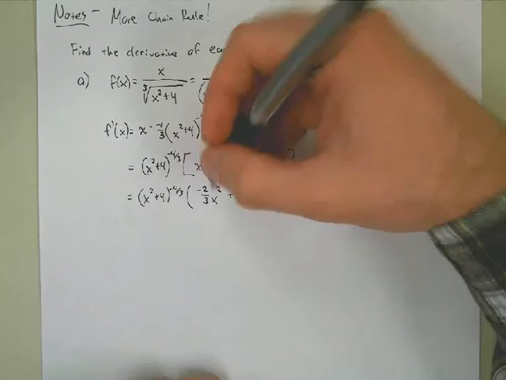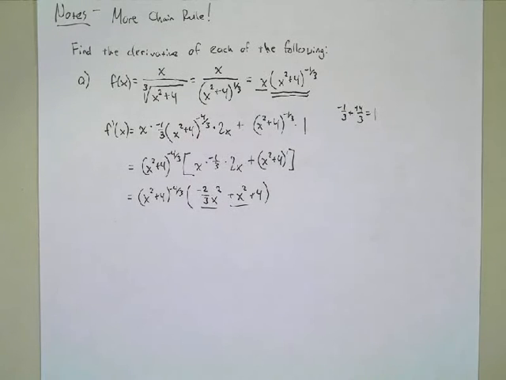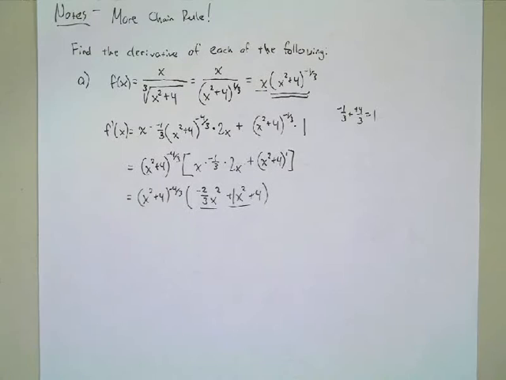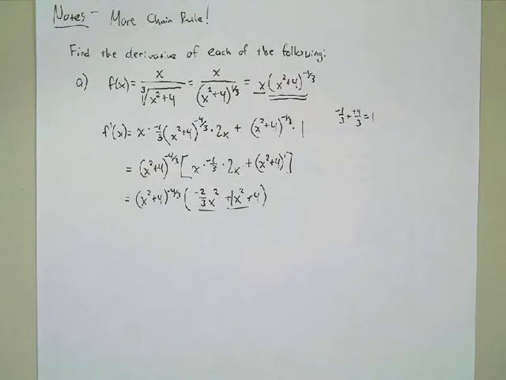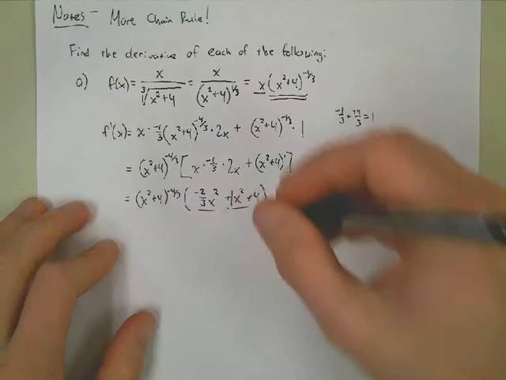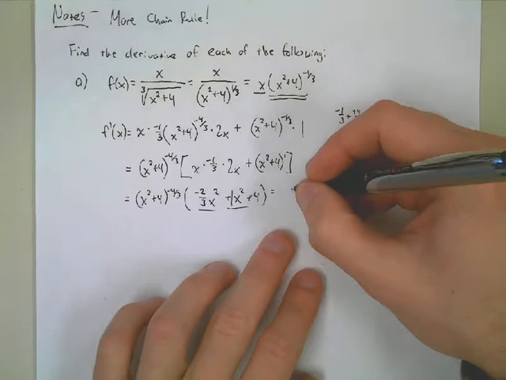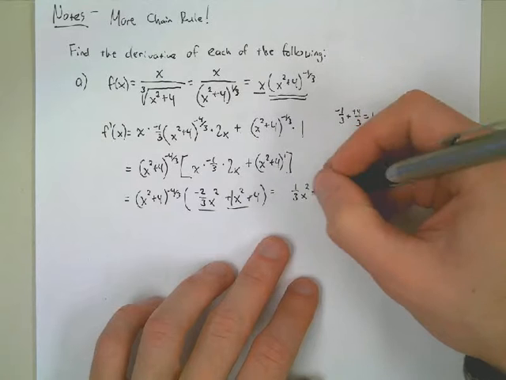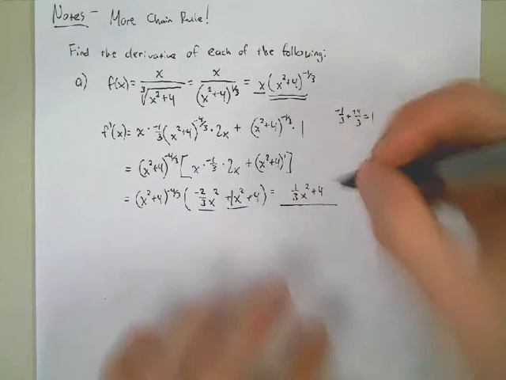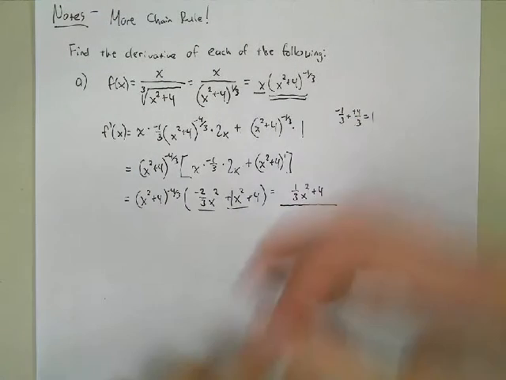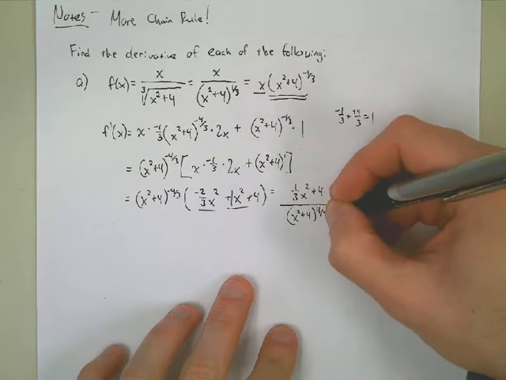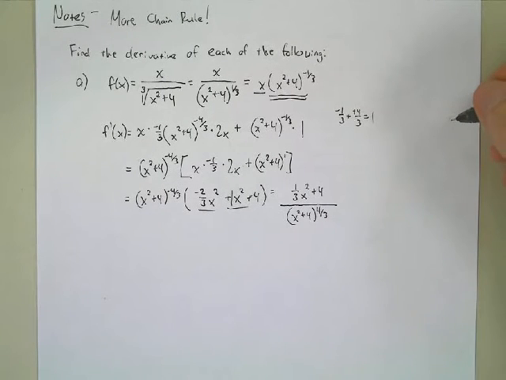And then these two can be combined together too, right? So remember, this is a 1x squared, so what's 1 plus negative 2/3? 1/3. So I get 1/3 x squared plus 4, and I'm going to put that all over x squared plus 4 to the 4/3. And there's our derivative.